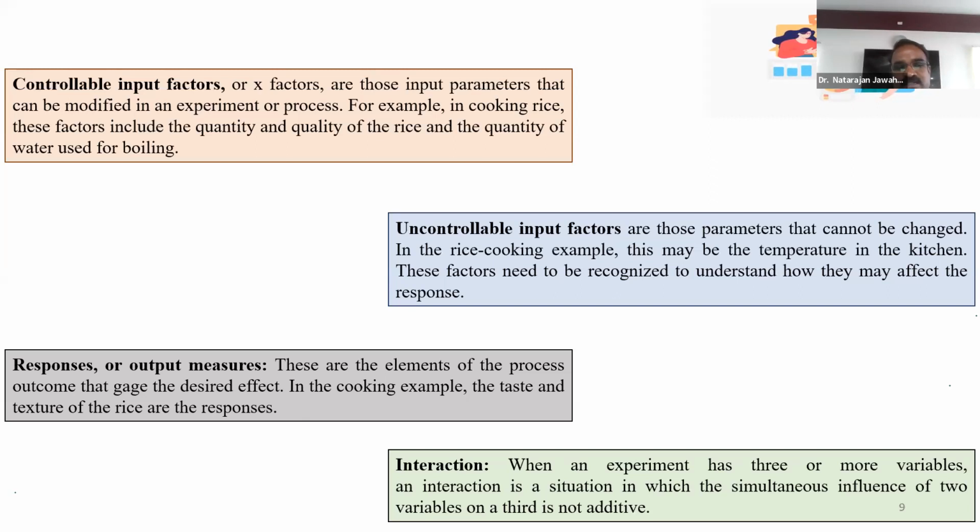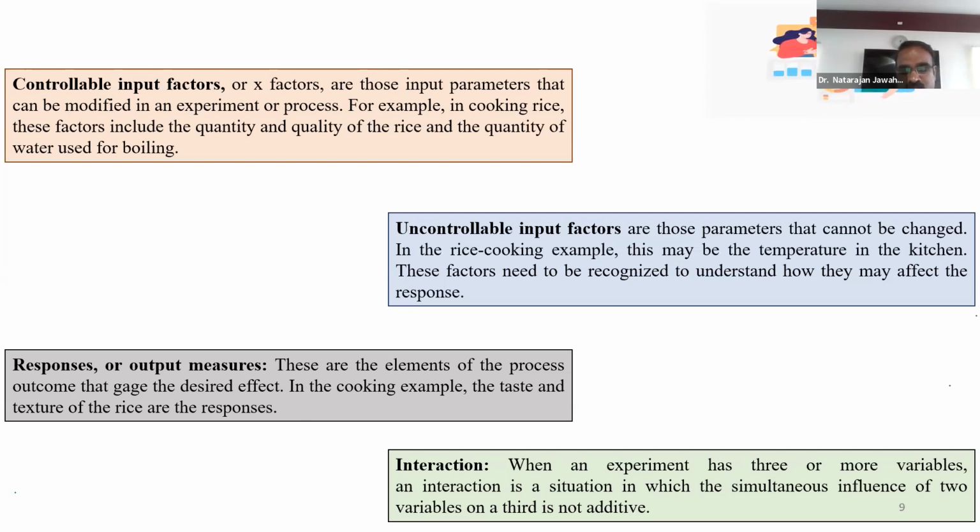Okay, so this slide I especially kept to understand what controllable factors are, otherwise called independent variables, and what uncontrollable input factors are, how they should be identified, and how they affect the response.